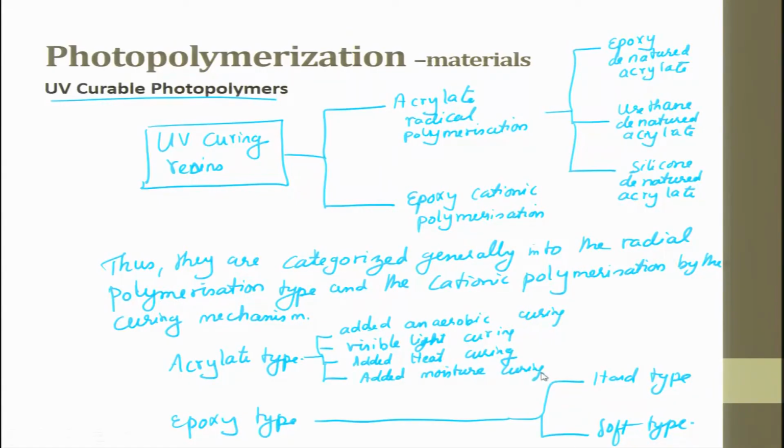So, this slide in totality talks about UV resin, acrylate, epoxy, and the different kinds of it. Then two types of curing: acrylate type is adding anaerobic curing, visible light curing, heat curing and moisture curing. Epoxy type is hard and soft types. So, other than this we also have radical type products whose main material is silicon. So, these are the primary materials which are used in photopolymerization.